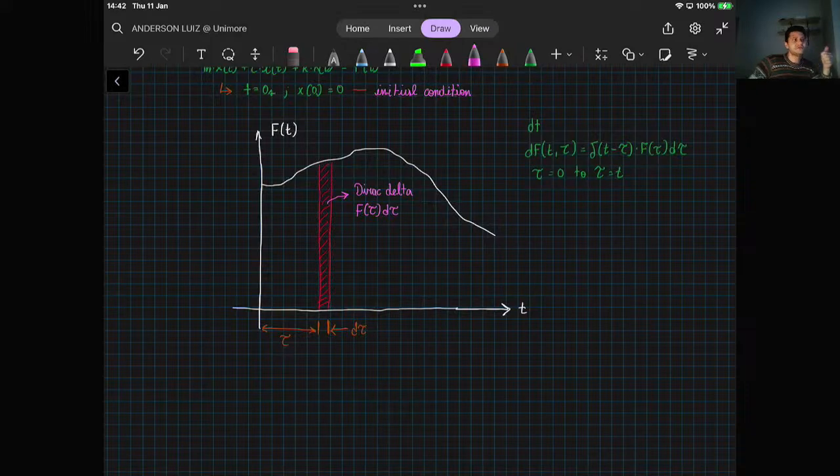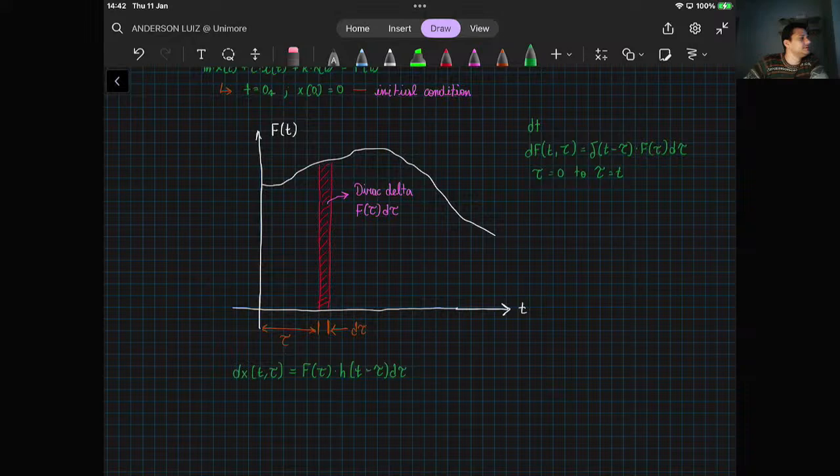The response at time t due to the impulsive excitation df, applied at time tau, is dx(t, tau) equal to f(tau) h(t minus tau) times d tau.